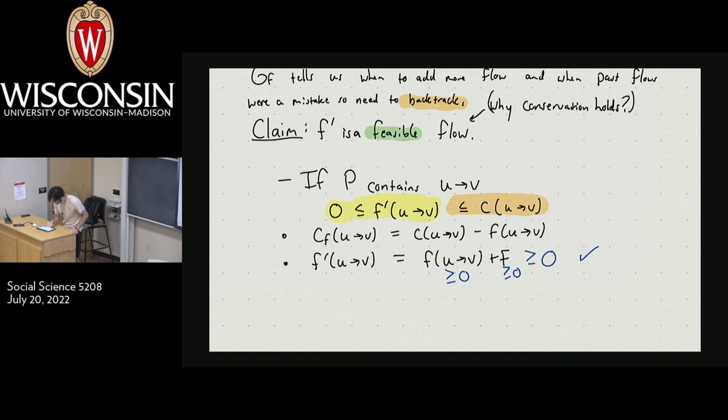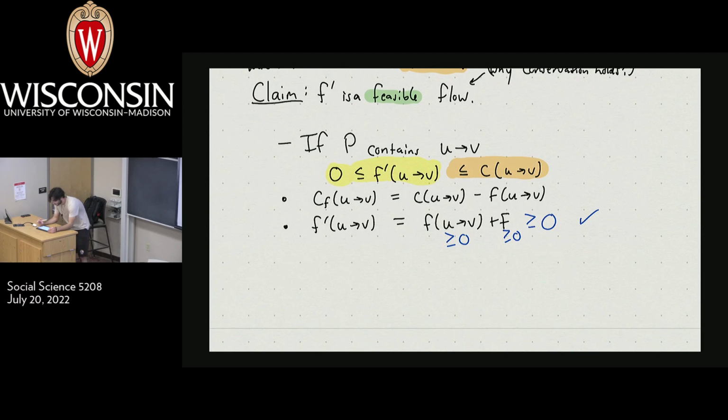Now we need to show the right part. This one's a little harder. So how are we going to do that? Well, we know the definition of f prime: f of u to v plus f. Now remember, f is the minimum on the path, for any uv on the path.